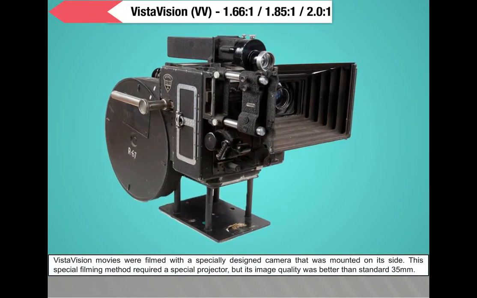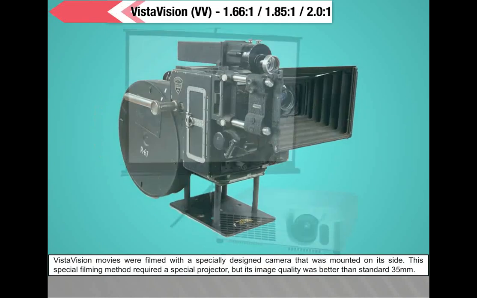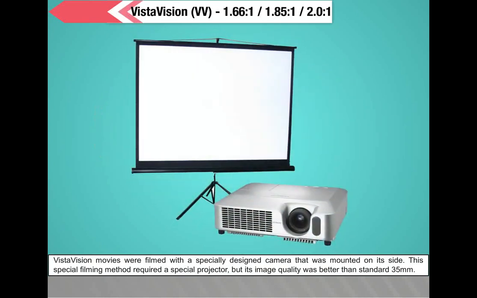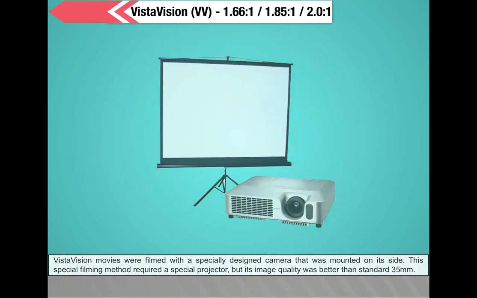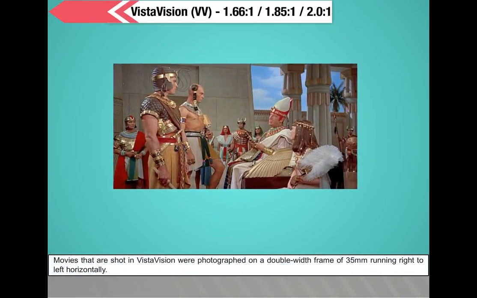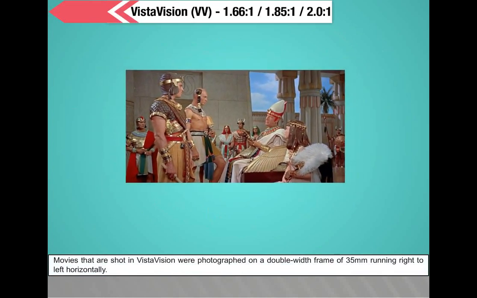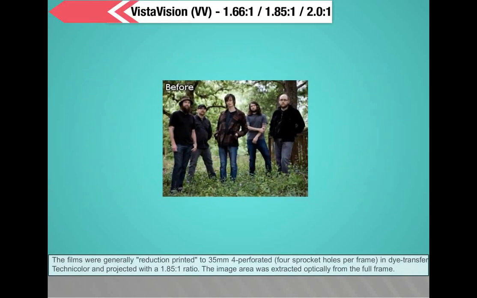VistaVision movies were filmed with a specially designed camera that was mounted on its side. The special filming method required a special projector, but its image quality was better than standard 35mm. Movies that are shot in VistaVision were photographed on a double-width frame of 35mm running right to left horizontally.